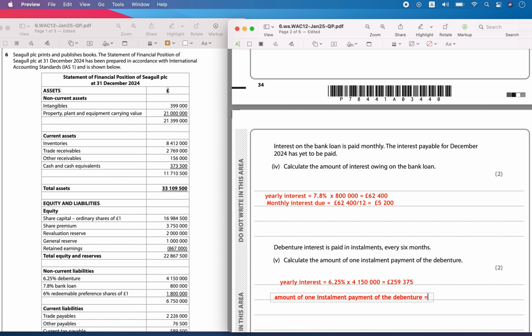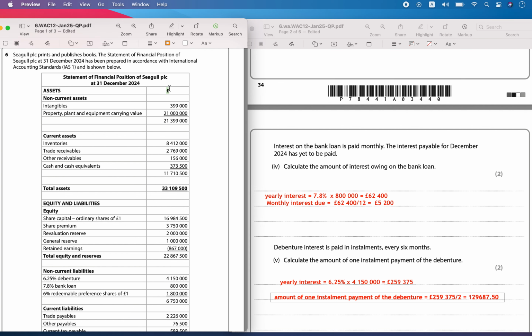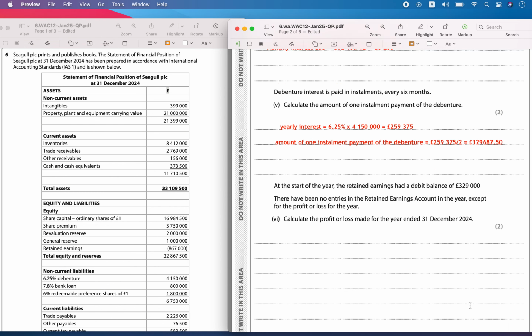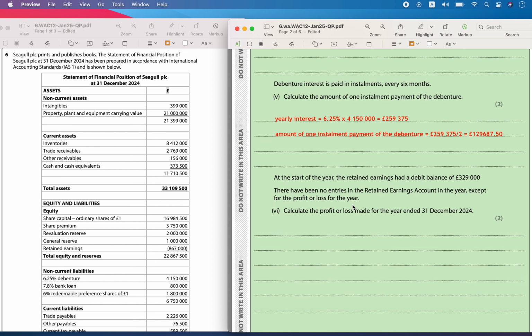I'm using 2 installments to pay in the entire year because it's paid once in every 6 months, so you divide it by 2. That is equal to 129,687.50. That is the amount that is going to be paid in 2 parts, every 6 months, to complete the yearly interest payment.